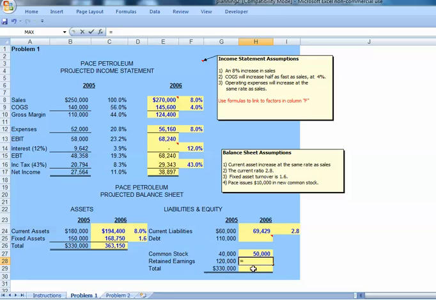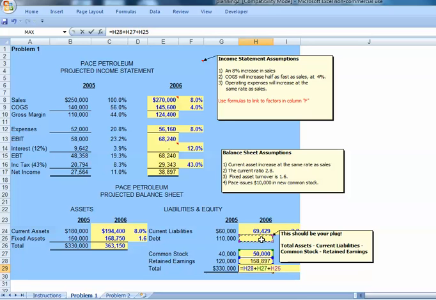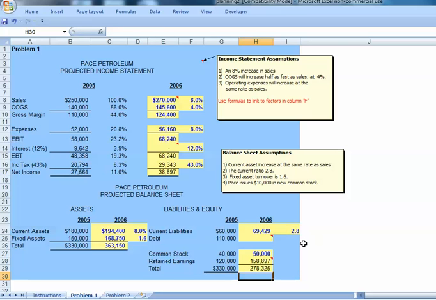So we'll take equals prior year's retained earnings plus net income, and I'm just going to put minus 0 to reinforce that notion of no dividends. Ending liabilities and equity will be our retained earnings plus our common stock plus our long-term debt, not there yet, plus our current liabilities.